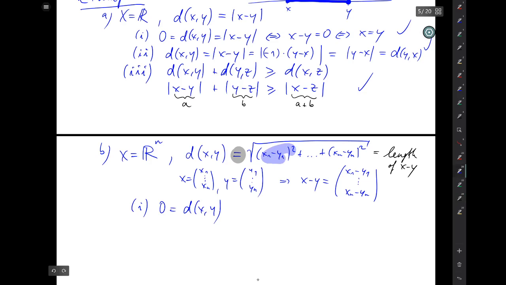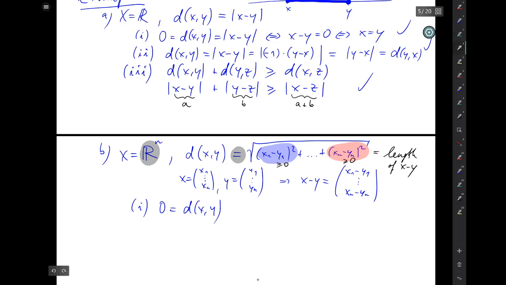So here's a square, and then here's a square, and in between there are some more squares. Each one of these squares is, of course, greater than or equal to 0, and the only way to add them all up to equal 0 is they are all equal to 0. Because as soon as one of them is positive, you cannot compensate that down to 0, because you cannot have negative squares here. We are in the real numbers, right?